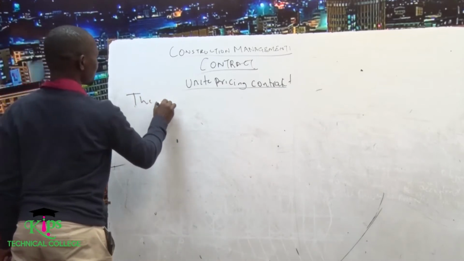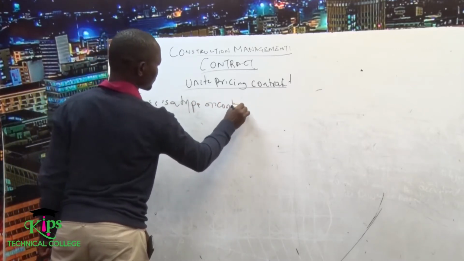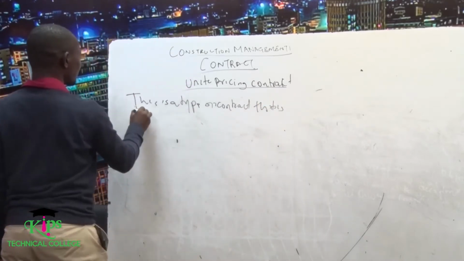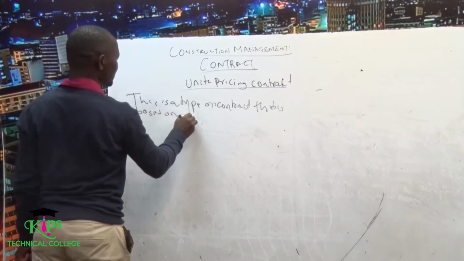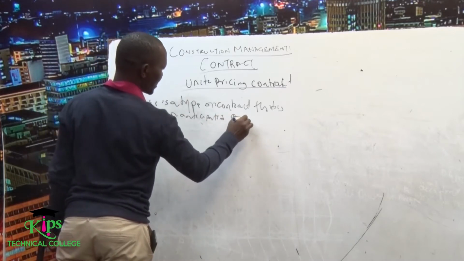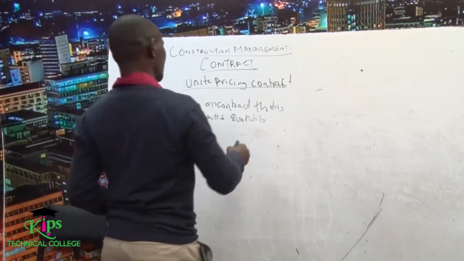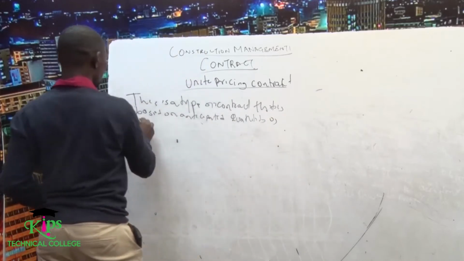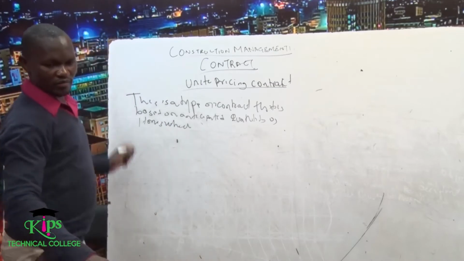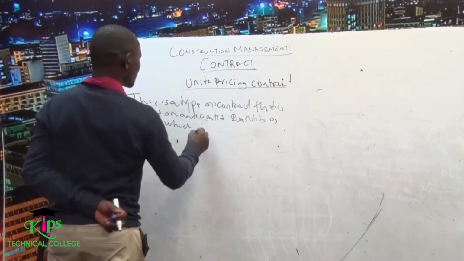This is a type of contract that is based on anticipated quantities of items, which are counted in the project in addition to their unit prices.